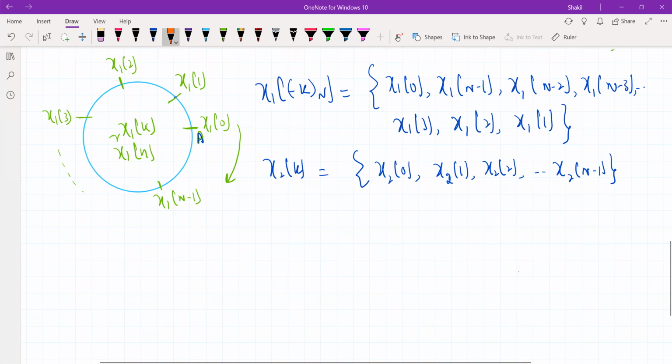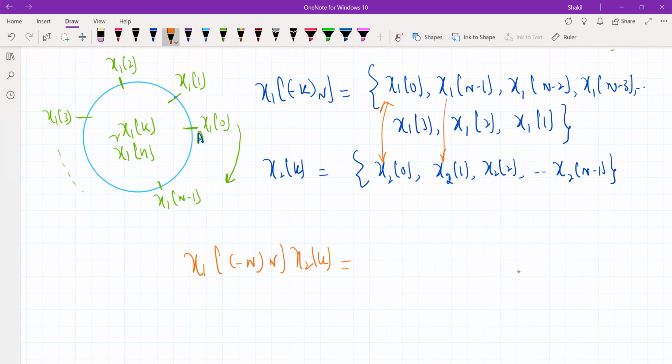So multiply the corresponding sample points. So if you multiply x1 of minus k and x2 of k, you will get, multiply the corresponding term. So multiply this with this, and this with this, and this with this, and so on. Finally, you will multiply this with this.